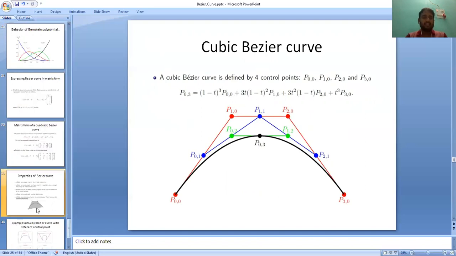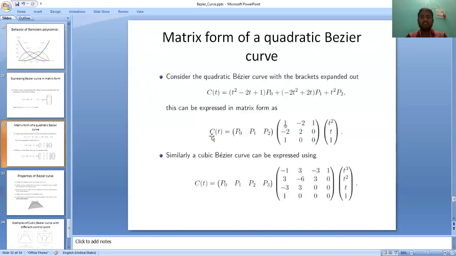When we expand this, we get the equation in the form of a matrix: 1, minus 1, 3, minus 3, 1; 3, minus 6, 3, 0; minus 3, 3, 0, 0; 1, 0, 0, 0. Now this matrix will be constant for all cubic Bezier curves. This will be constant for all quadratic Bezier curves.